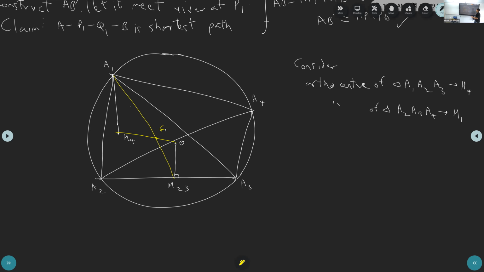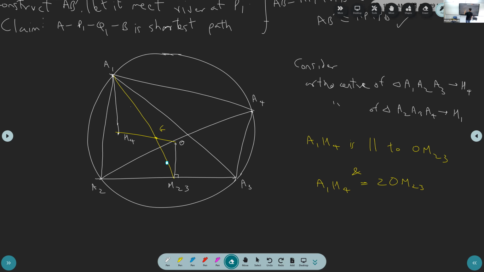So therefore, A1H4 is parallel to OM23 and twice the distance, right? It's parallel and twice of that distance. Right? Let me erase all this.